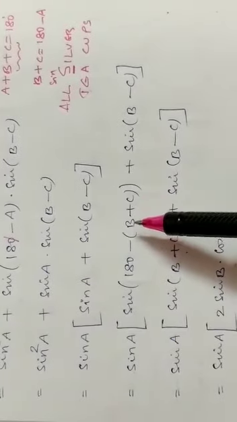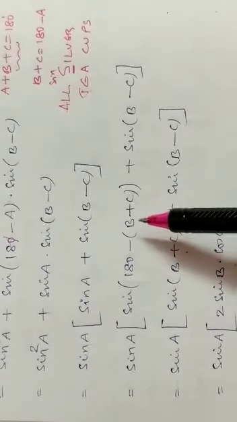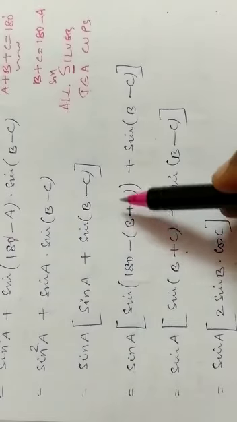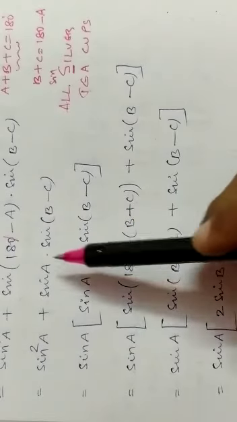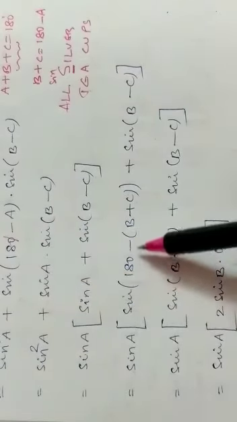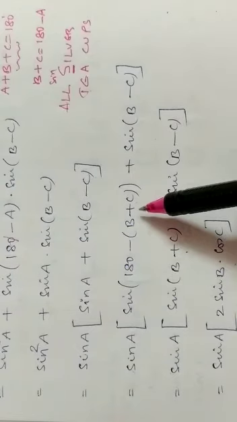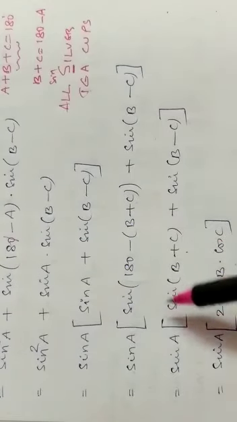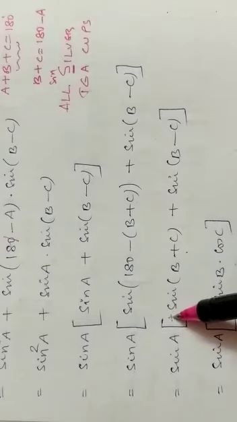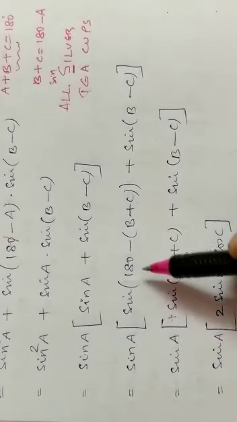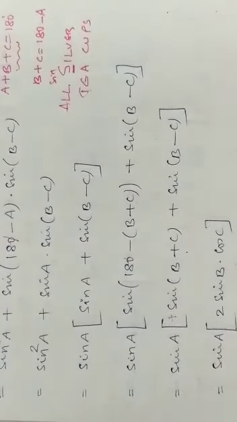Again, 180 minus theta. Treat this as theta. As above, 180 minus theta is in the second quadrant. In the second quadrant sin is positive. So plus, remove 180. 180 is even, no change.